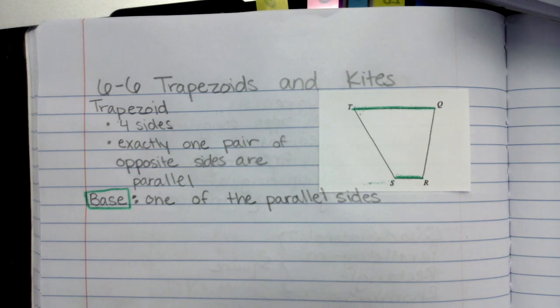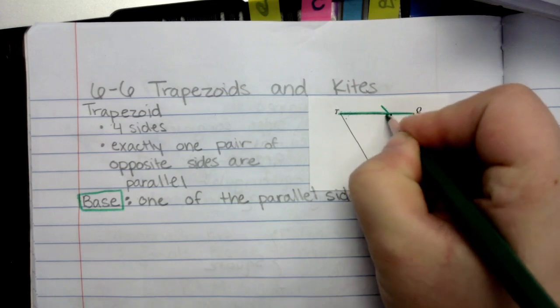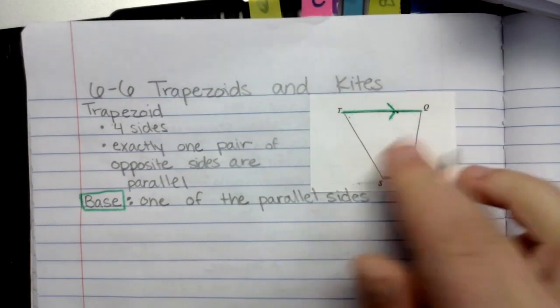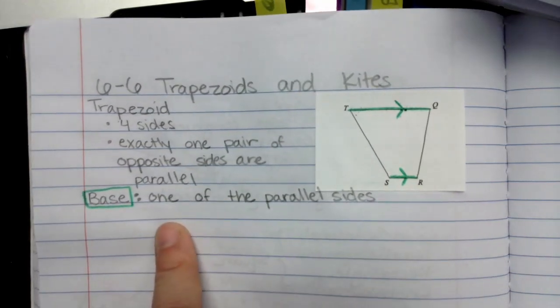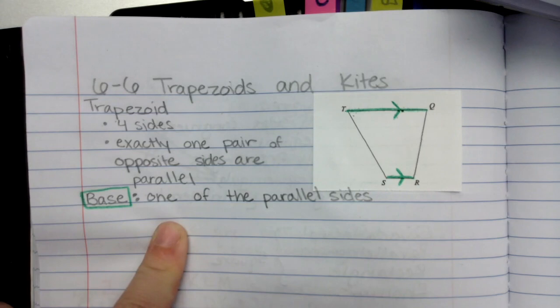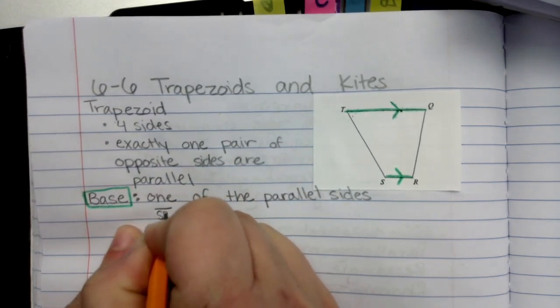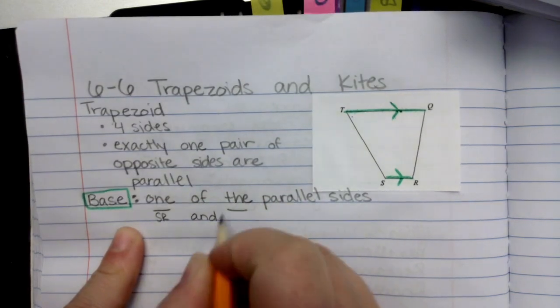What is one of those segments that we just kind of highlighted? SR is one base. And what is our other base? Oh. Are you sure you want to go TQ? You don't want to go QT and call me a cutie? Rude.